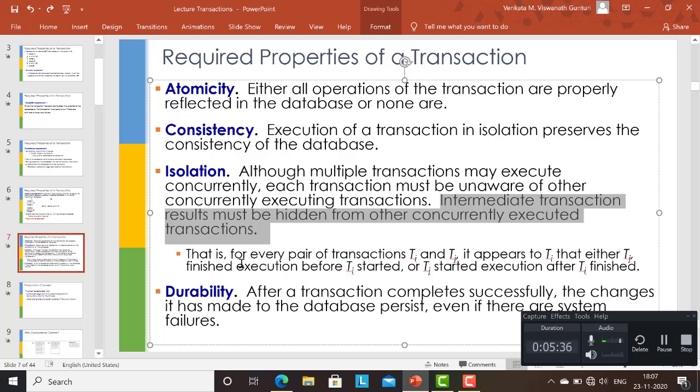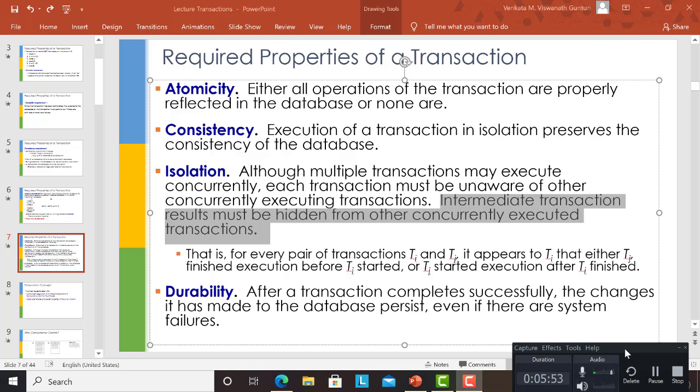Another way of saying it: let's say there are two transactions Ti and Tj. The final result, and I'm using the word result in quotes, will appear such that either Ti executed first or Tj executed first.